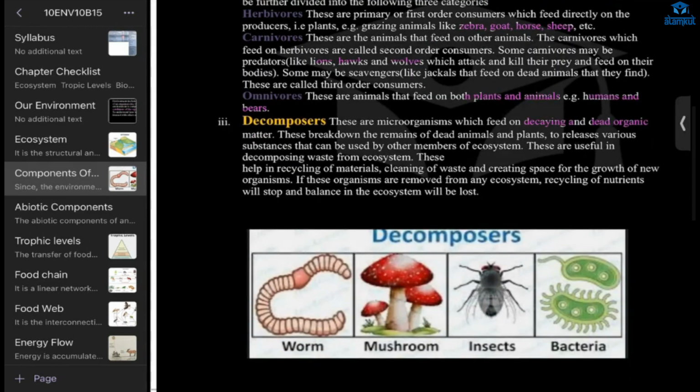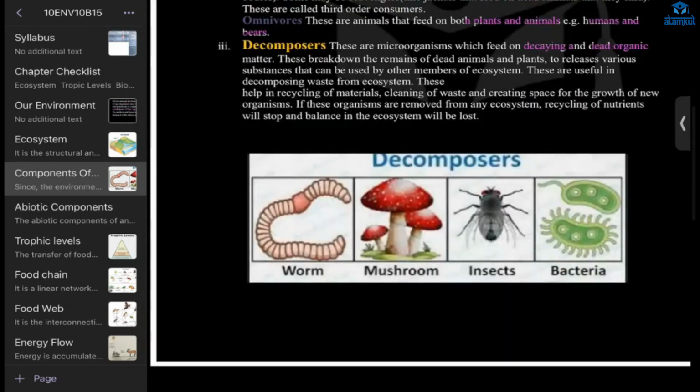They help to recycle materials, they clean the waste, and they help in creating space for the growth of new organisms. Examples: worms, mushroom, insects, bacteria.